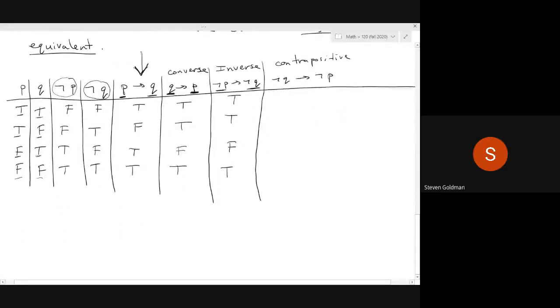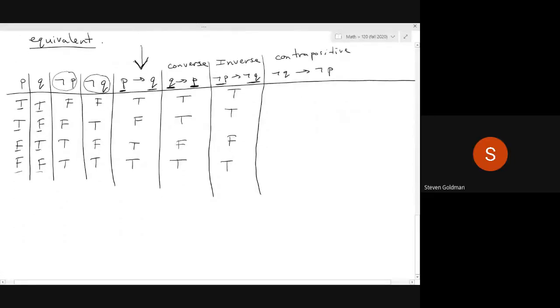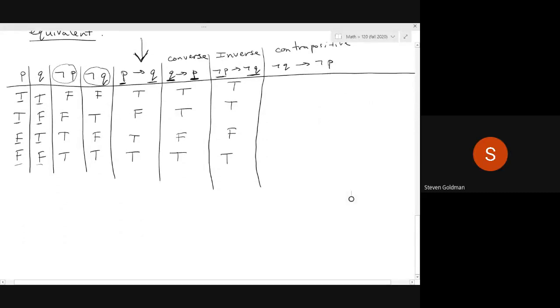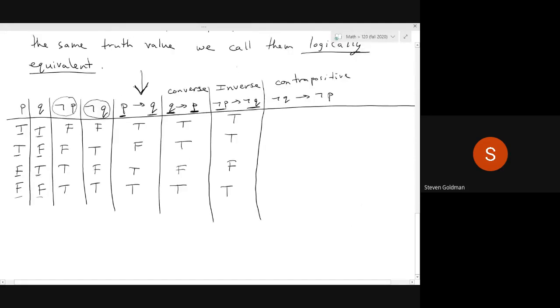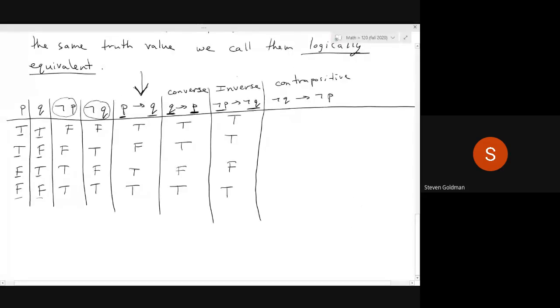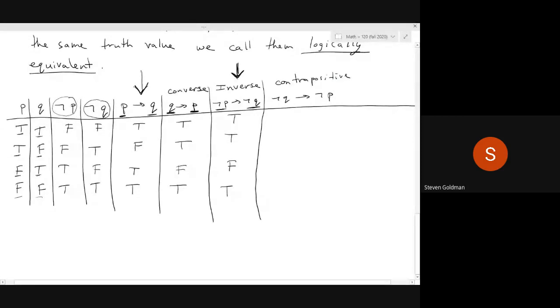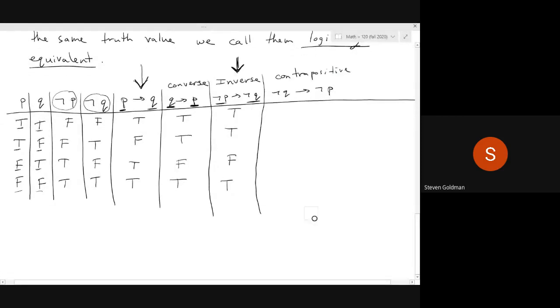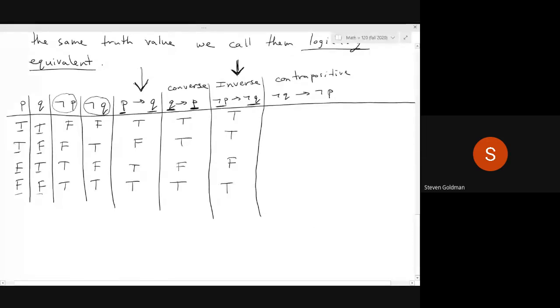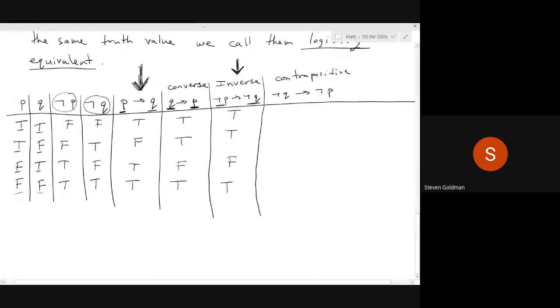That's an excellent point. I was going to bring that up in a minute, but since you mentioned it, let me discuss it now. His question is, shouldn't this inverse column just be the negation of the original proposition, "if P then Q"?